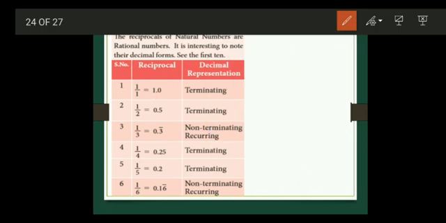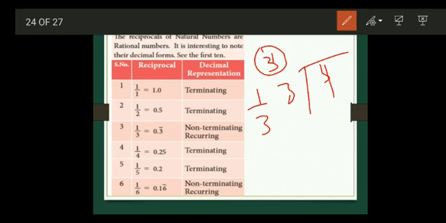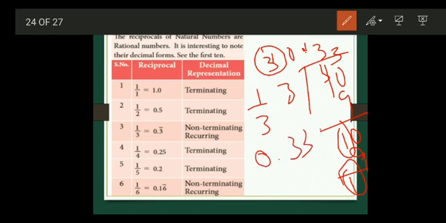Now we'll take the third number, that is 3. The reciprocal of 3 is 1 by 3. When you divide 1 by 3, since 1 is less than 3, you have to put a point here. So you will get 10. 3 times 3 is 9, you get remainder 1. Add 0. Again 3 times 3 is 9, remainder 1. So here the remainder 1 is getting repeated. So 0.3333.